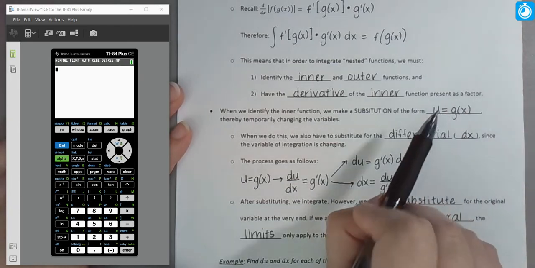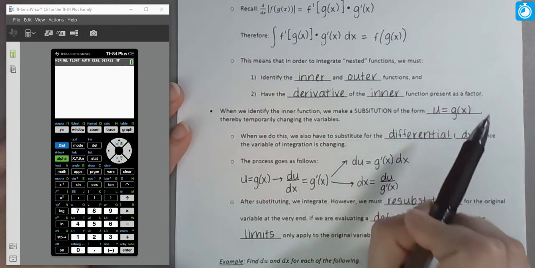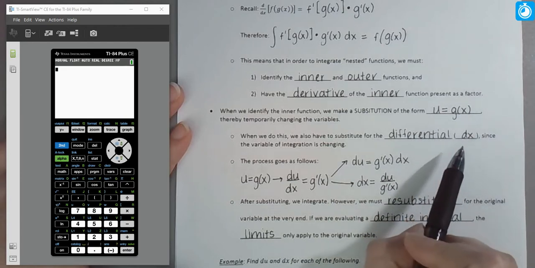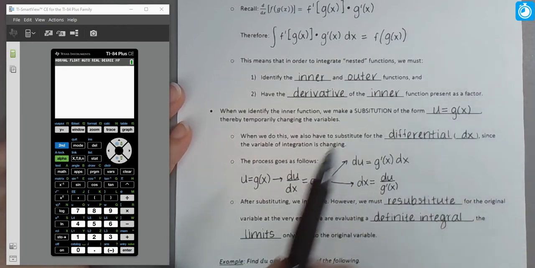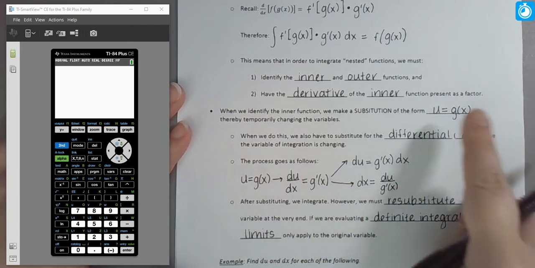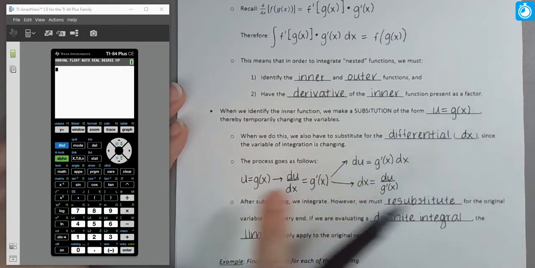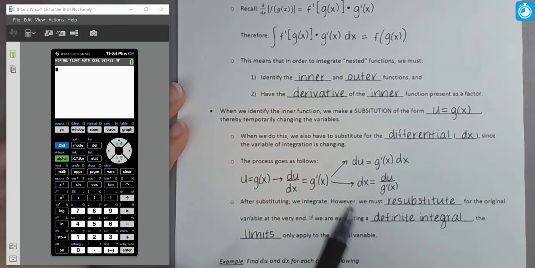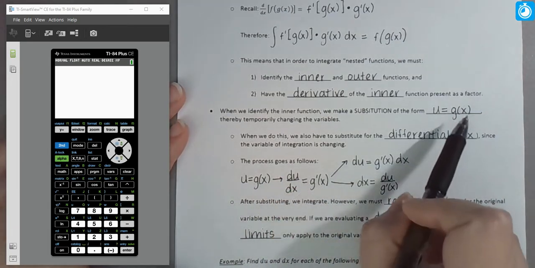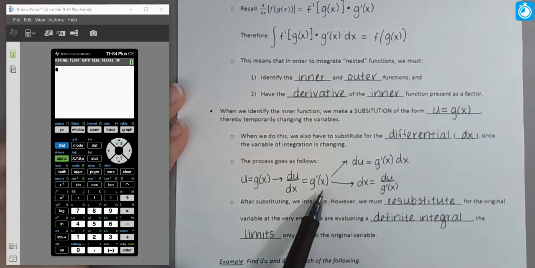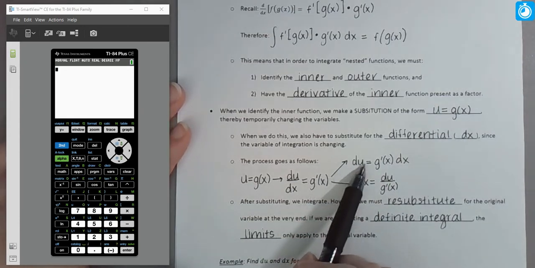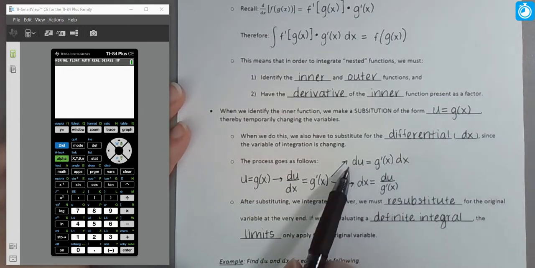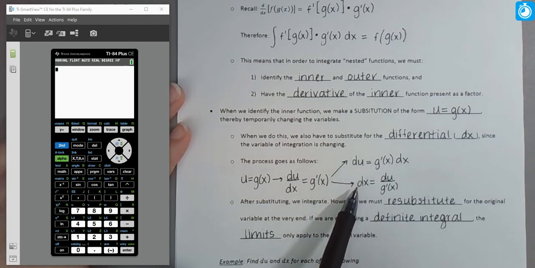In order to indicate that now we have a u in the problem, we need to differentiate not with respect to x, but with respect to u. So we can take the derivative of the expression that we're substituting. So we have the derivative of u with respect to x is equal to g prime of x, the derivative of our inner function. And then we can either solve for du and substitute in that manner, or what I'm going to show you to do is to solve for dx and substitute directly for dx.